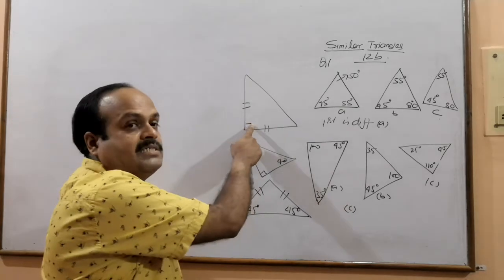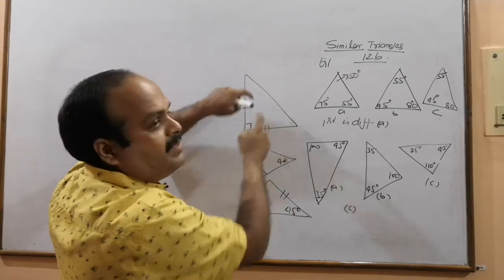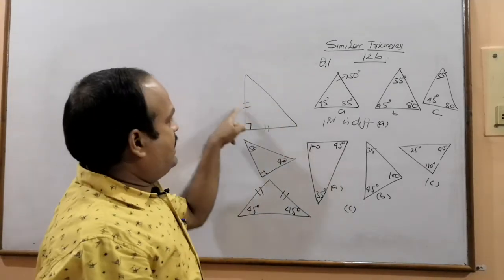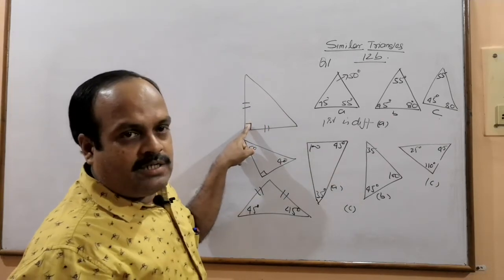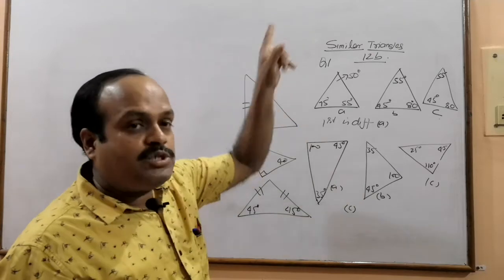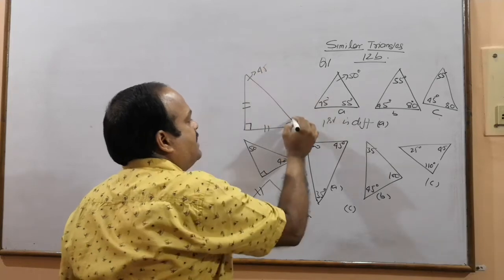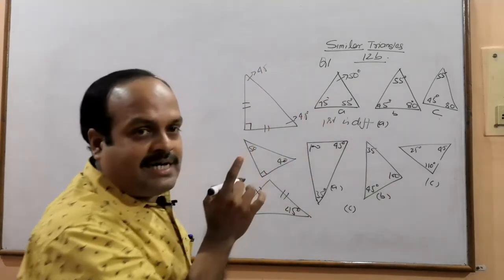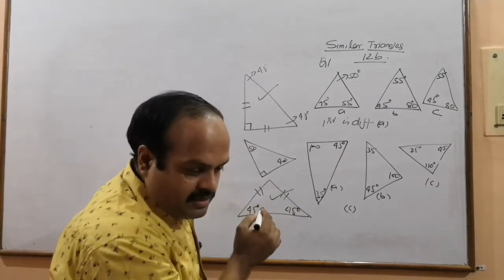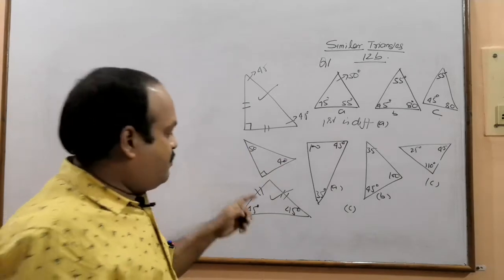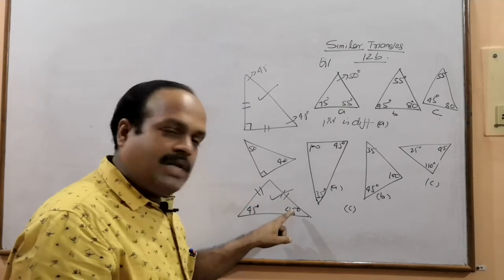Since this angle, which is the vertical angle of this isosceles triangle, is 90, the base angles will be, as I told you, equal. This angle is 90, so the sum of these two will be 90, so each of the base angles will be 45. So right here 45, there also 45. In this triangle and this triangle, this angle is 45 given, so this one will also be 45.